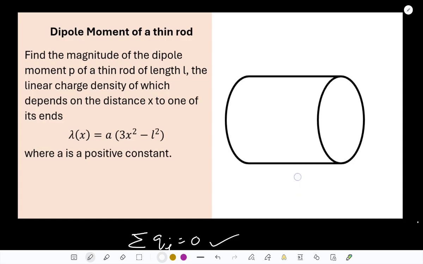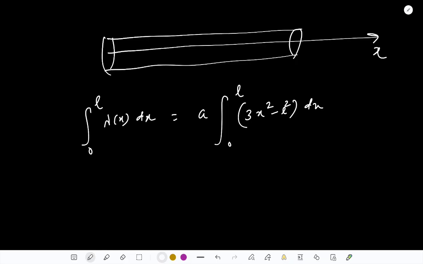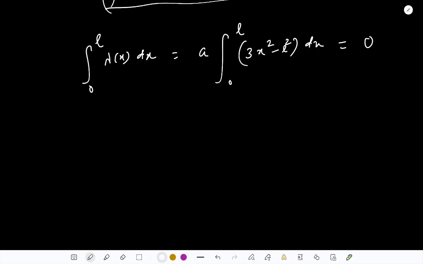Oh, A is missing. No, I have already written A here, and if we integrate this, it will come out equal to 0. So now we are going to simply find the dipole moment of such a system, and in scalar form it can be simply written as the integral from 0 to L of lambda x times x dx.